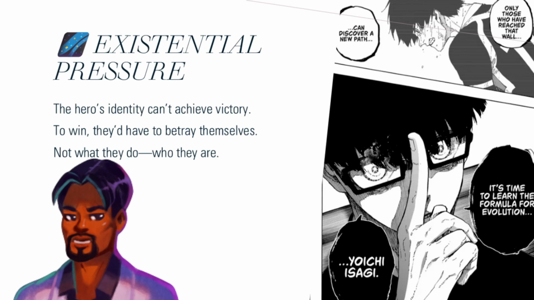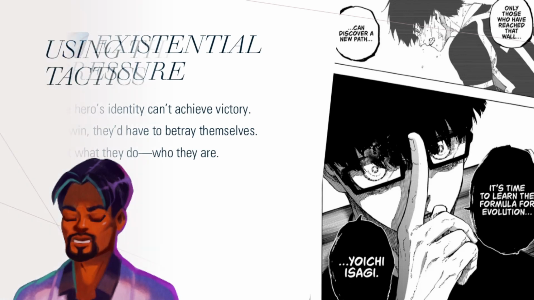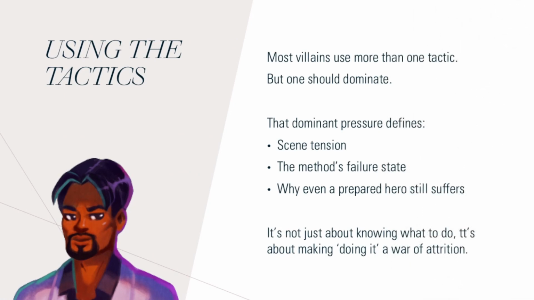The hero's approach and identity are fundamentally incompatible with victory. The villain doesn't just attack what they do, they expose who they are as the real problem. This is when winning requires a kind of self-betrayal. Most heroes will face more than one of these, but one should always dominate. That dominant tactic creates friction in every scene, and it ensures that even if the hero knows what to do, actually doing it becomes a war of attrition.